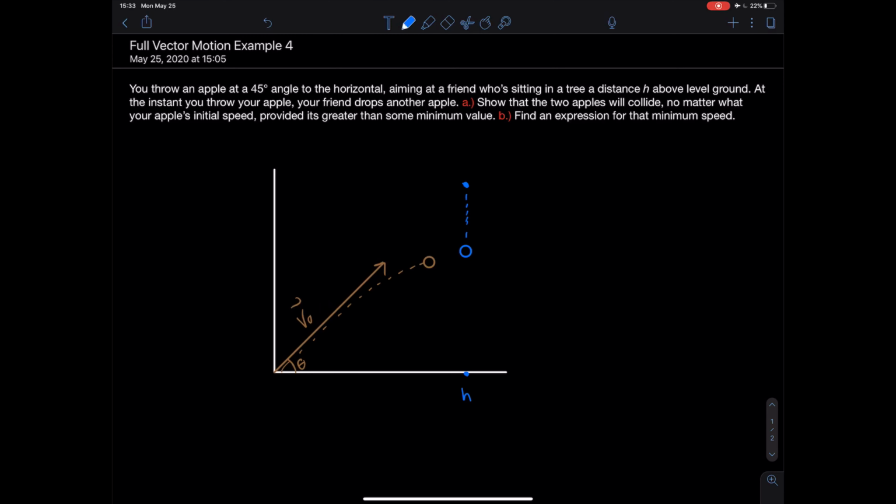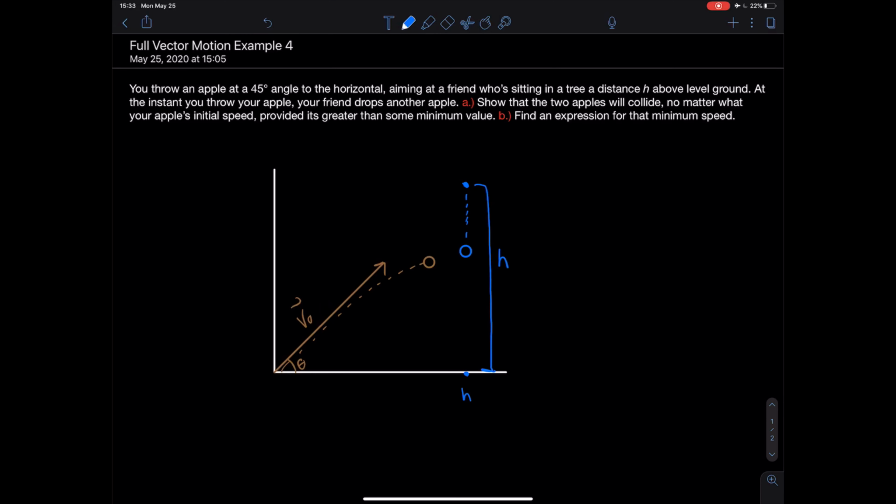All right, so we know that the angle from the vertical is also 45 degrees. And if he's sitting exactly 45 degrees from us, then we know that this height right here is also h. And that's going to be a key piece to solving this problem. He's a perfect distance h in the horizontal and the vertical due to the fact that he's sitting 45 degrees away from us, or we throw this apple 45 degrees to the horizontal toward him.